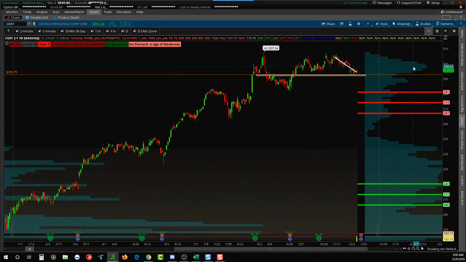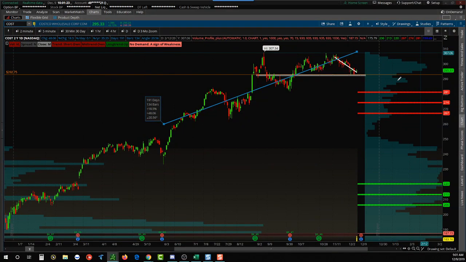That is going to be a gravity point per se. This orange line is from the price structure that I had drawn last week. We are stretched way beyond the mean on the daily.